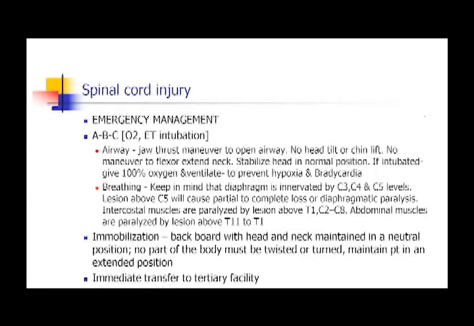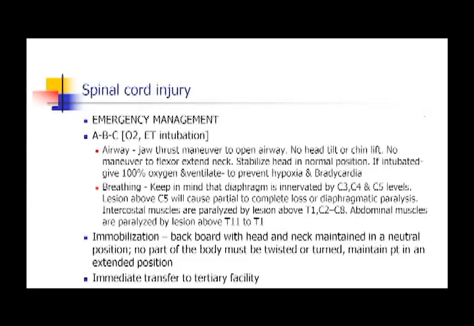Intercostal muscles are also paralyzed if the affectation of the spinal cord involves your thoracic 1, cervical 2 to C8. So in this case, expect that there is labored breathing in patients whose spinal cord T1, C2 to C8 are affected.